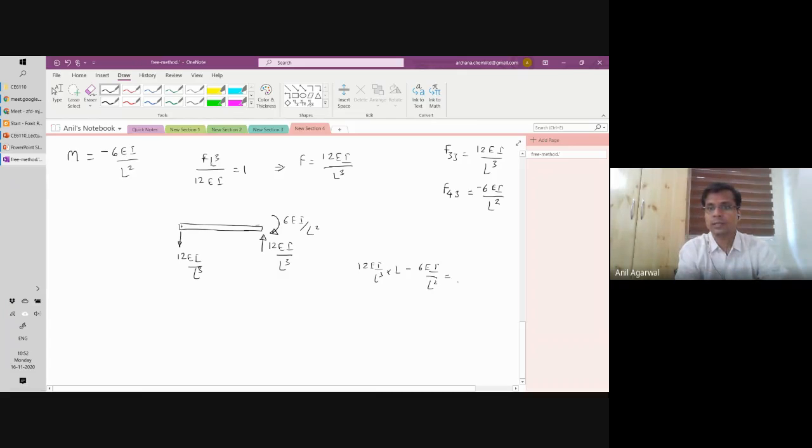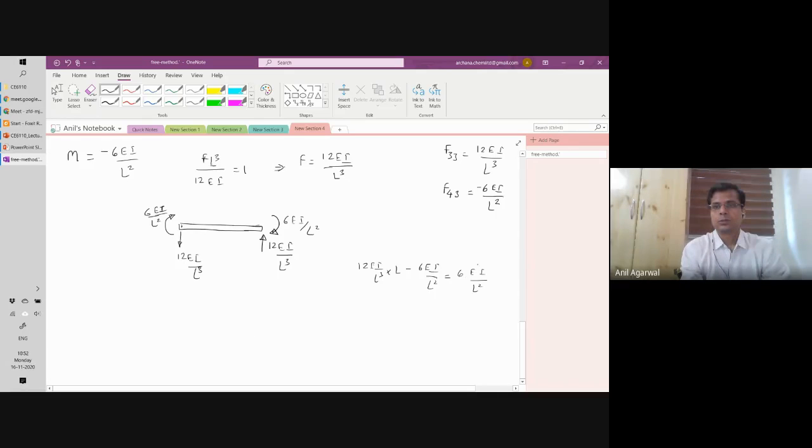Okay, so what is the net balance? 6 EI divided by L square. So right now I have a total unbalanced moment of anti-clockwise 6 EI by L square. So I have to apply a clockwise moment of 6 EI by L square to balance it. So this will be supplied by the boundary condition on this end, on degree of freedom 2.